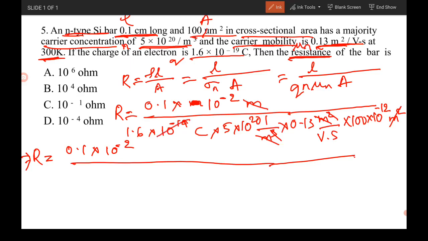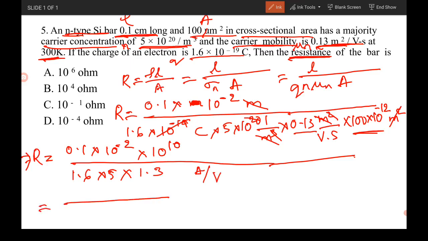So 10 to the power minus 19 gets cancelled with 10 to the power 20, and here we can take it to the numerator, so this is 10 to the power minus 10, so here it becomes 10 to the power 10. And here we are getting 1.6 into 5 into 10 into 0.13, that is 1.3. Coulombs per second is ampere, so we are getting ampere per volt in the denominator.